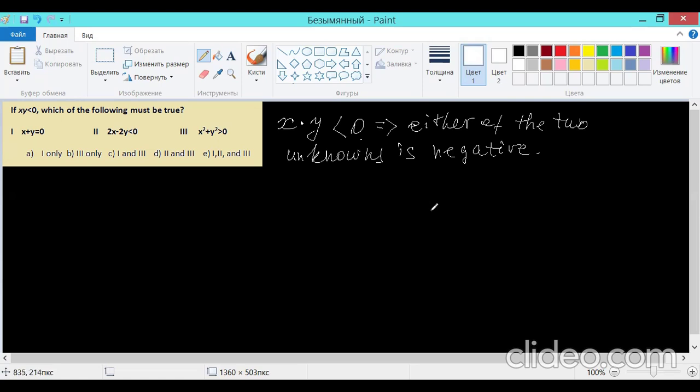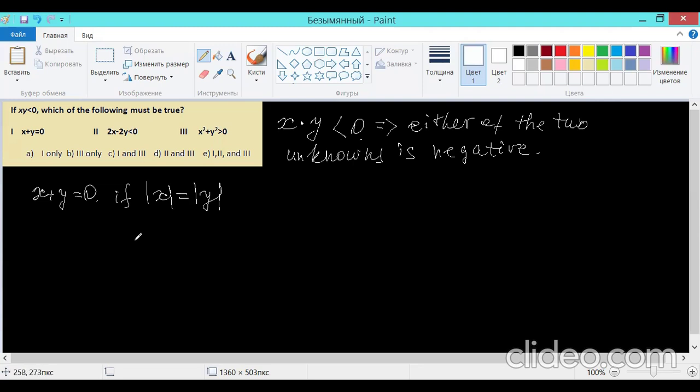Now let's take a look at the first option offered. x plus y is equal to 0. Actually, it can be true when the absolute values of the two unknowns are equal to each other, if the modulus of x is equal to the modulus of y. In this case, yes, it could be true.